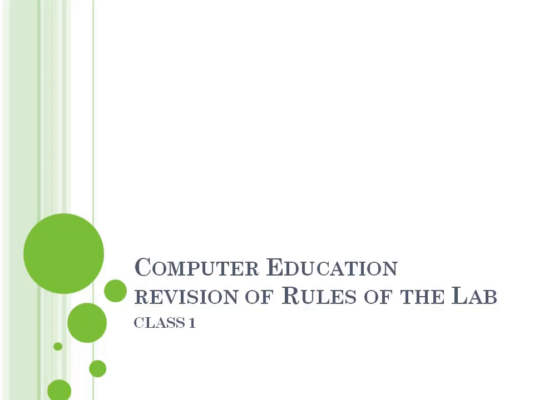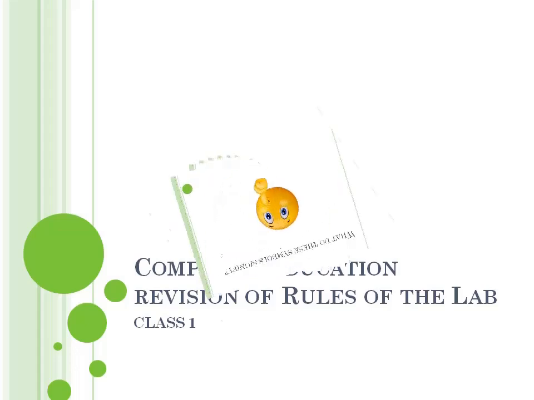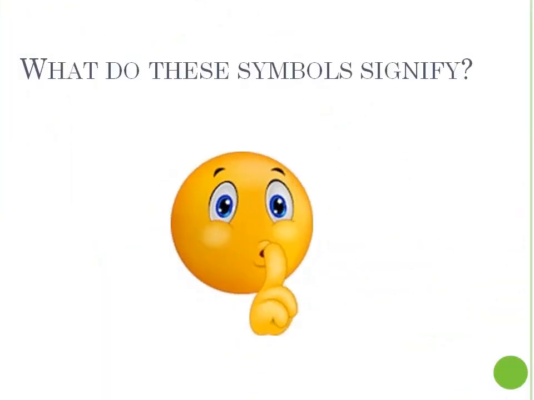Hello learners, today we are back with our computer education class and we will revise the rules of the lab. Now you have to tell me what these symbols mean. The first one, you can see the smiley is holding a finger over its lips.